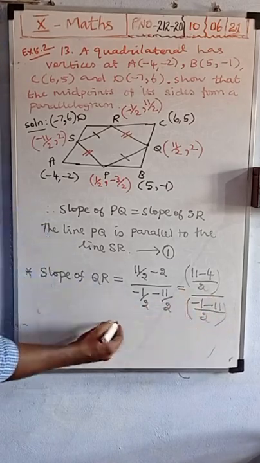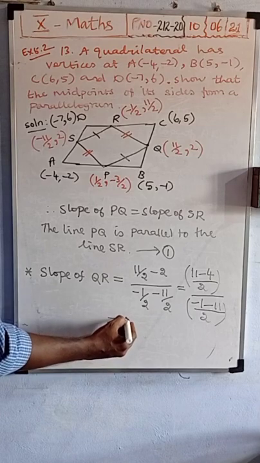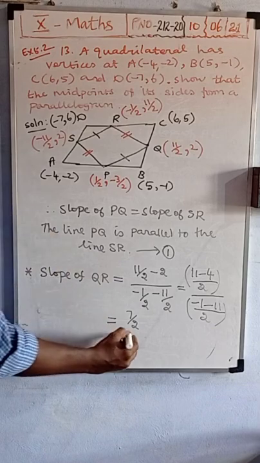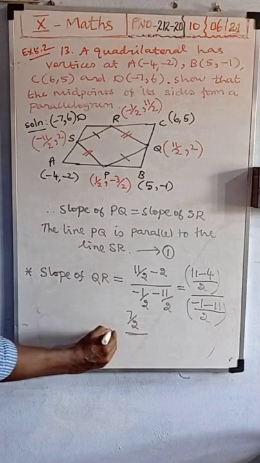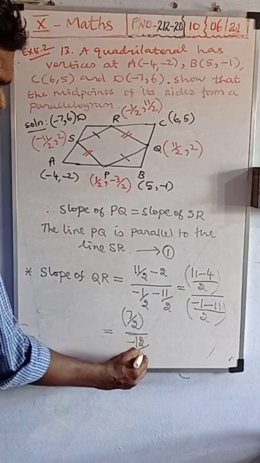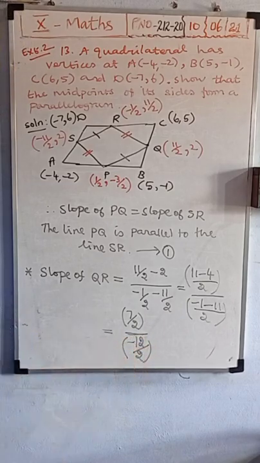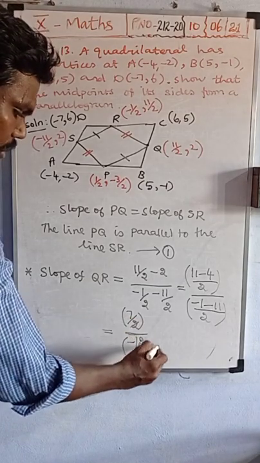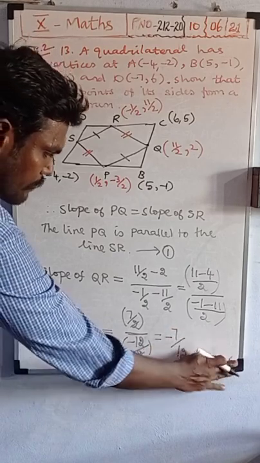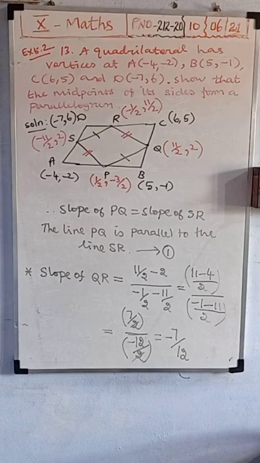We get 7 by 2 divided by minus 12 by 2. The 2s cancel, so we get minus 7 by 12.